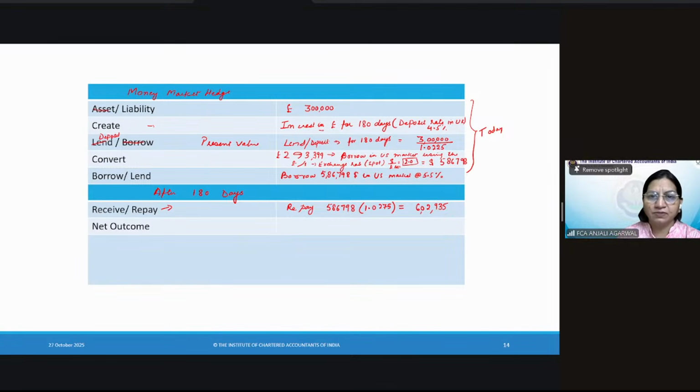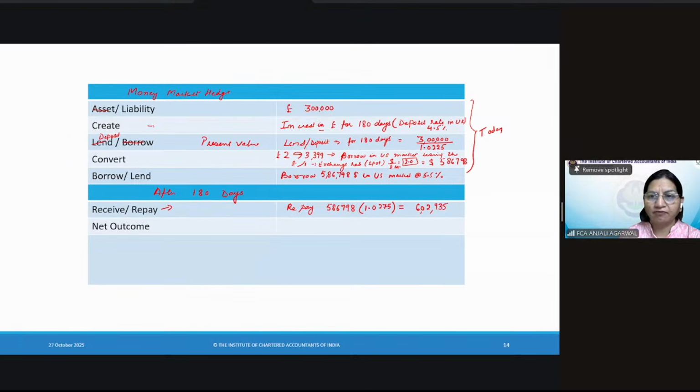How will you get the pounds 293,399? You will have to convert US dollars using the spot rate. So for getting 293,399 pounds, you need 586,798 dollars. Where do you have this money? You don't have it, so borrow it in the US market at 5.5%.